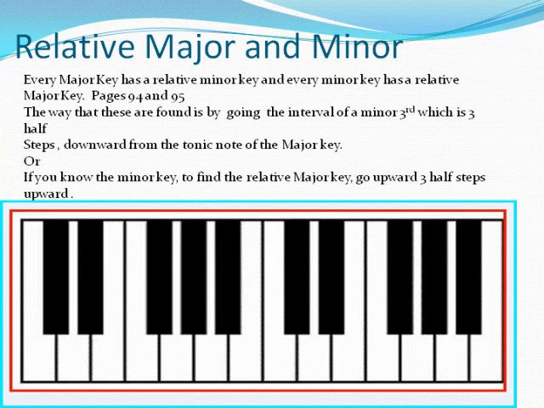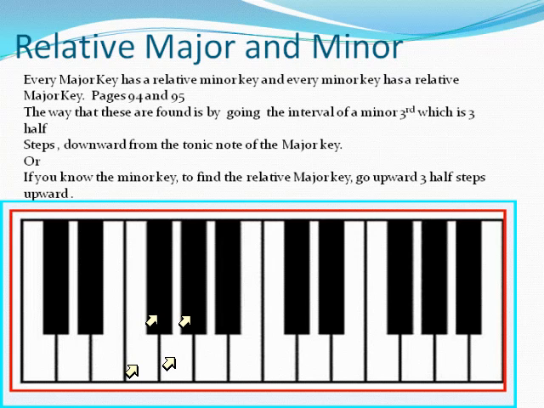So let's do this. We're going upward this time, starting with F major. F major, 1 half step, 2 half steps, 3 half steps. So the relative major of F minor is A flat major.